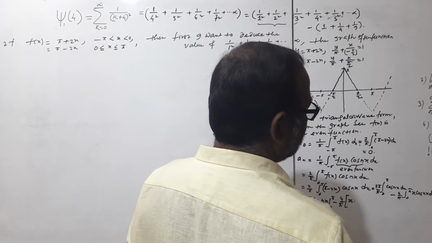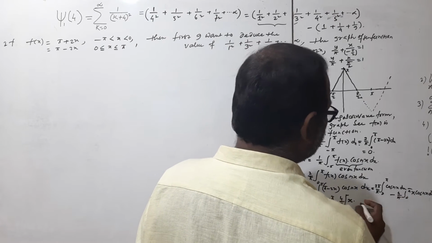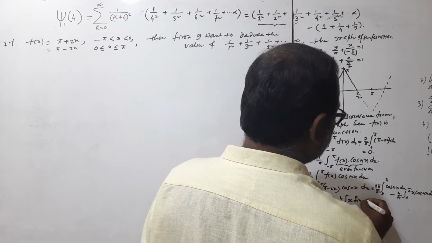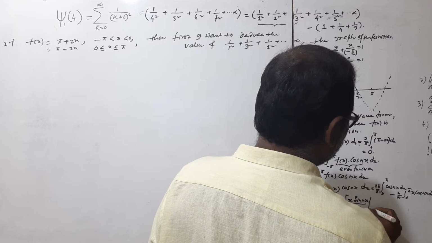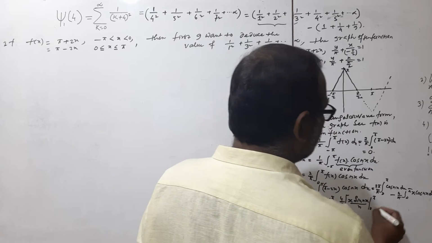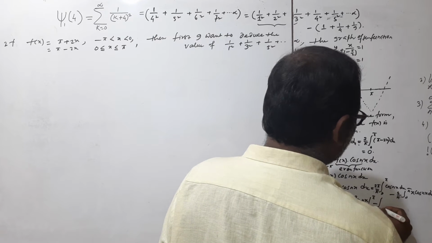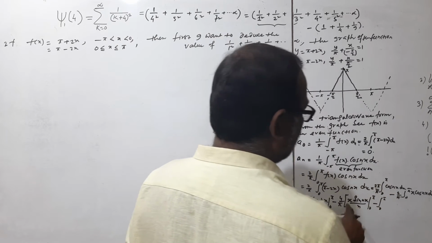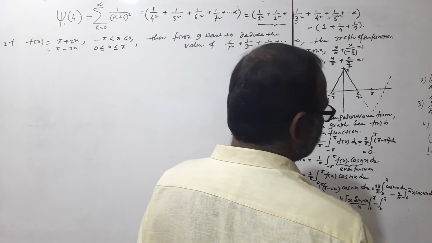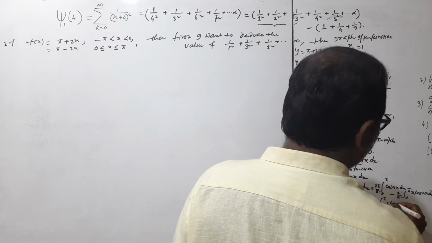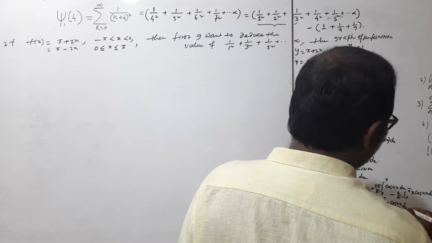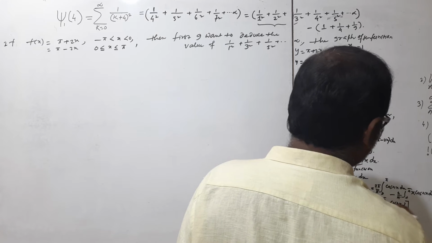So you take the first function as x, the integration of cos nx is sin nx over n, from 0 to pi. Now here, the integral from 0 to pi, the derivative of the first function is 1, and the integration of cos nx is sin nx over n, dx.